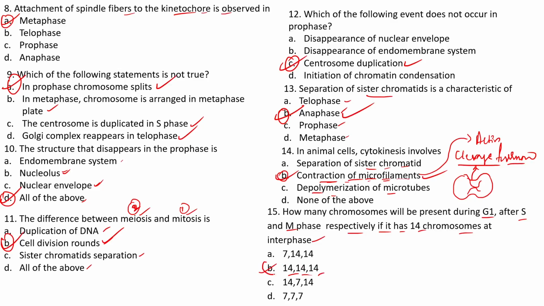So B is our right answer. As I said earlier in the beginning of the class, during all the stages of mitosis the number of chromosomes remains the same. Yes, remember that point.